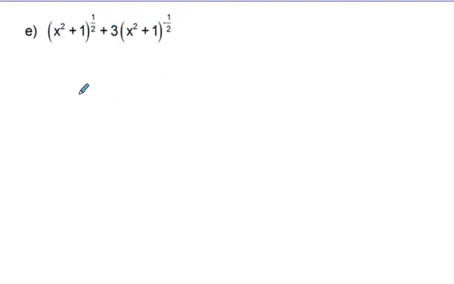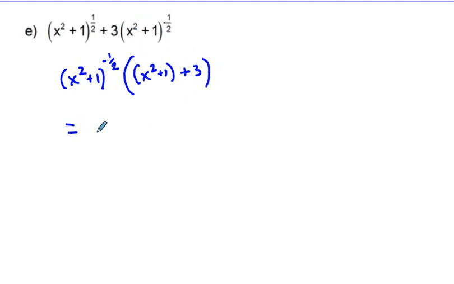So our greatest common factor is going to be this quantity x squared plus 1 to the negative 1/2 power, and that's going to be times this x squared plus 1, because x squared plus 1 to the 1 power times the same thing as a negative 1/2 power is going to be to the 1/2 power, so that takes care of that, plus 3, because we have this expression here.